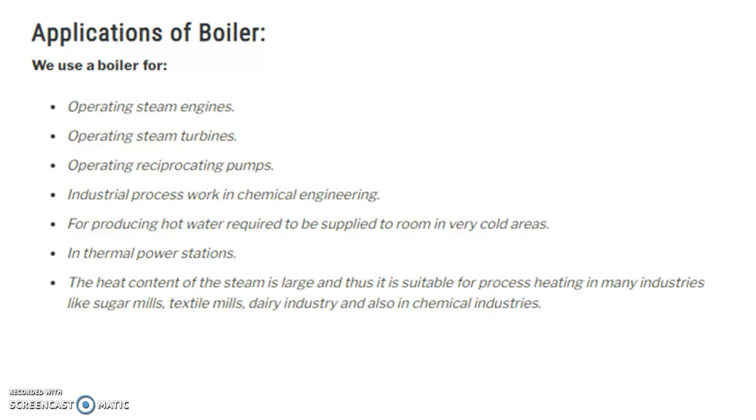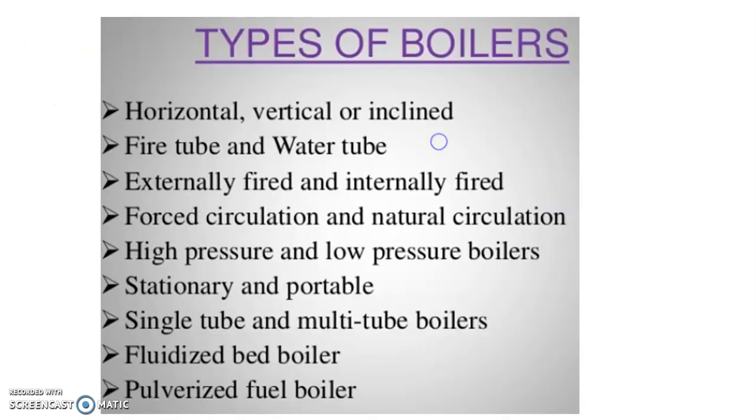That last point is very important from this unit's point of view. Process boilers are used in sugar mills, textile mills, dairy industries and chemical industries, where some processes are occurring and those processes require process boilers. So this is the application of the process boiler.